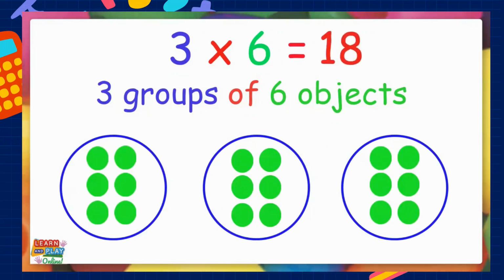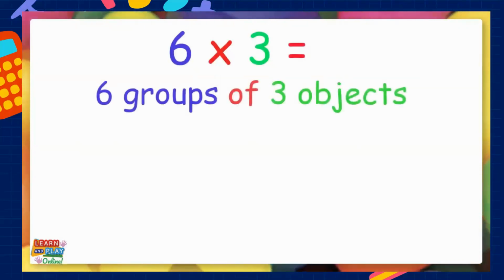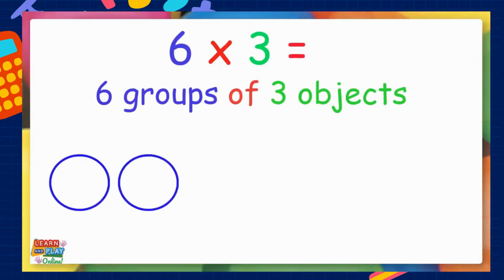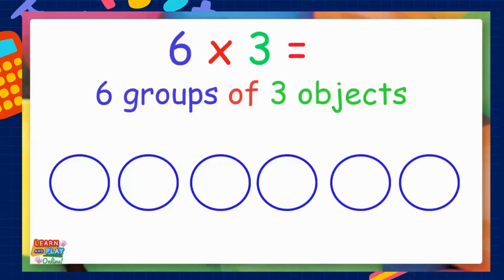Fantastic! Let's use the commutative property and swap the numbers 3 and 6 around and work out 6 times 3. We need to make 6 groups of 3 objects. Great! Let's start making our 6 groups. 1, 2, 3, 4, 5, 6.